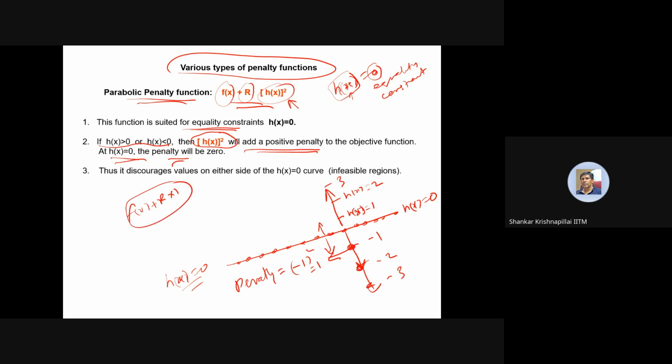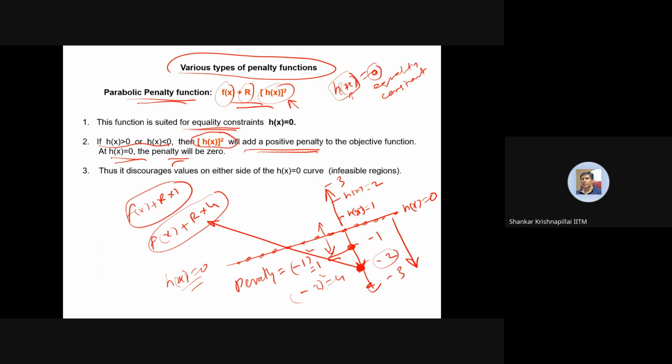Suppose your point is here. Then h of x is minus 2, so the penalty is minus 2 squared, which is equal to 4. So if the point is here, the penalty will be f of x plus r into 4. So the further you deviate from the equality constraint, the more penalty is added to the objective function.